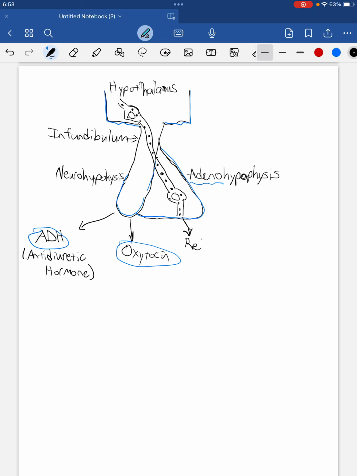So the hypothalamus sends down growth hormone releasing hormone, the anterior pituitary makes growth hormone, and then that hormone is sent through this hypothalamic hypophyseal portal system to be released into the systemic blood flow. And then it goes wherever it needs to go, to bone or muscle, things like that.